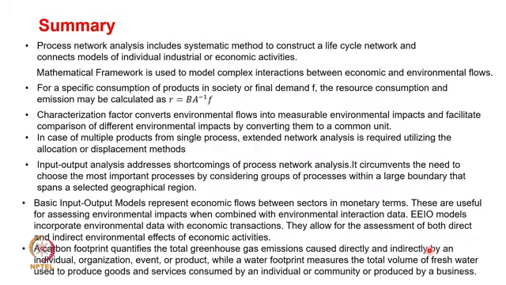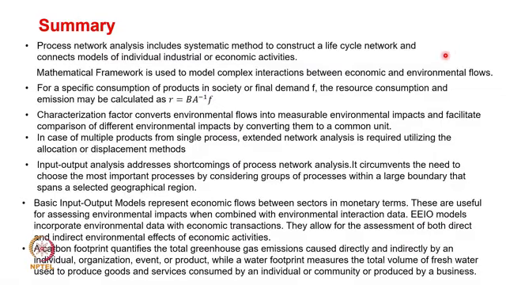So, with this, we summarize this lecture. We use some of these concepts in the analysis at a later time when we do sustainable design. So, the summary here is that process network analysis includes systematic methods to construct life cycle networks and connect models of individual units.